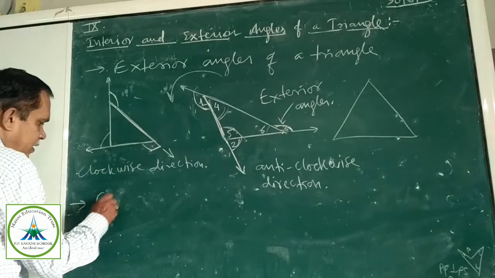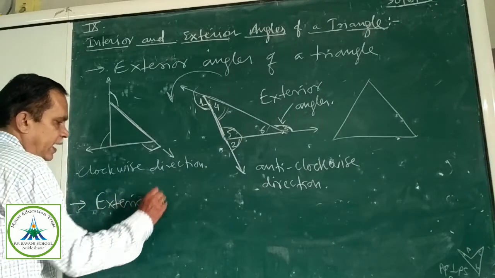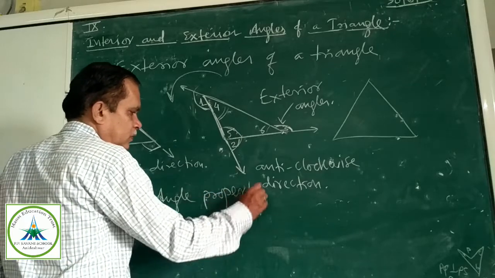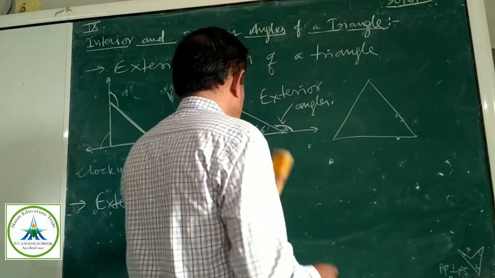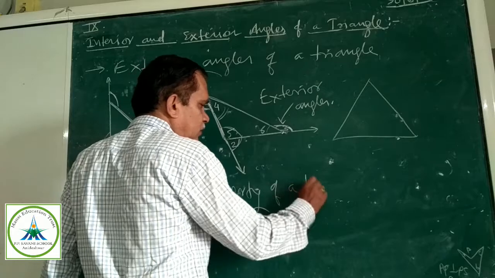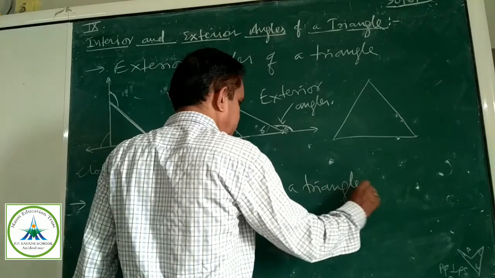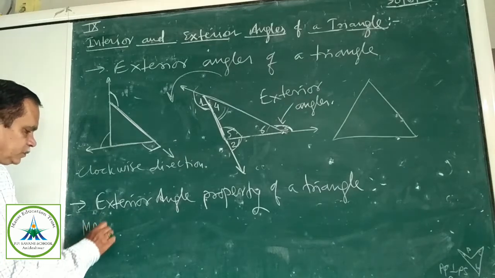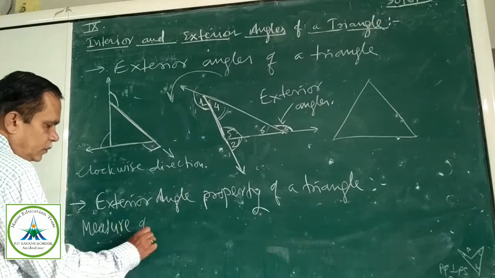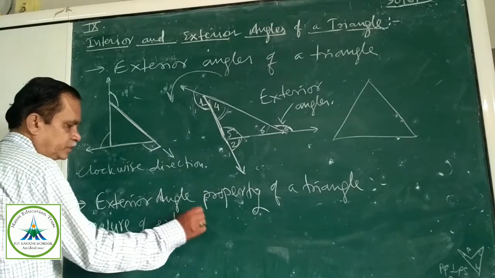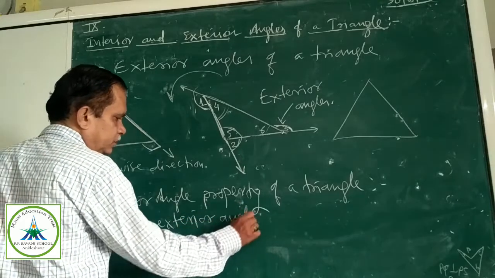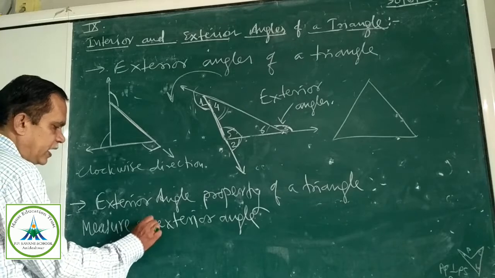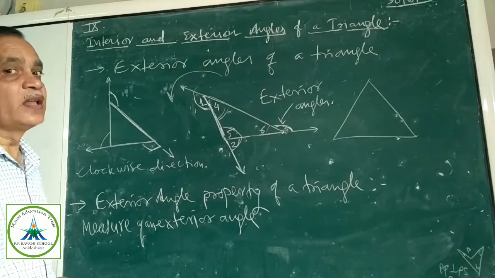Write down now the exterior angle property of a triangle. Very important. That property is: measure of an exterior angle, because there are 3 exterior angles.